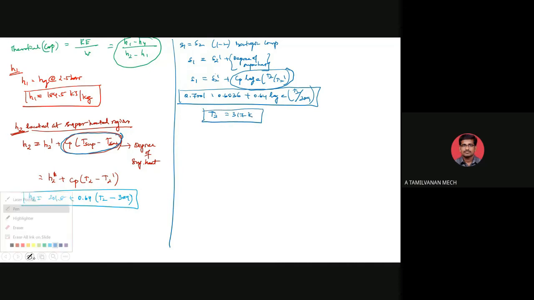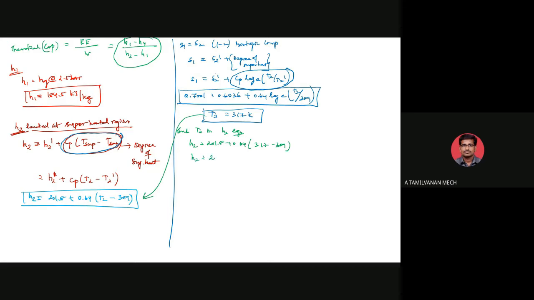The next step, you are going to substitute the T2 in the H2 equation. So after substitution, H2 is equal to 201.8 plus 0.64 into 317 minus 309. After substitution we get the value that H2 may be around 206.92 kilojoule per kilogram.